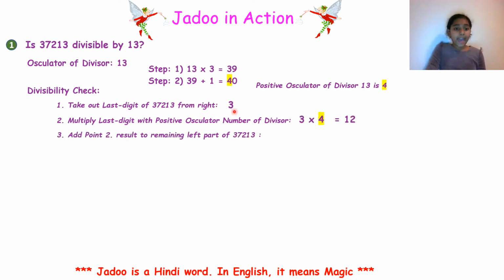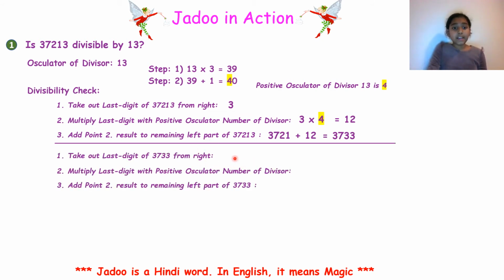Third, add this result to the remaining left part of this number. So 3721 plus 12 is equal to 3733. It's still a big number, so we will continue these steps.